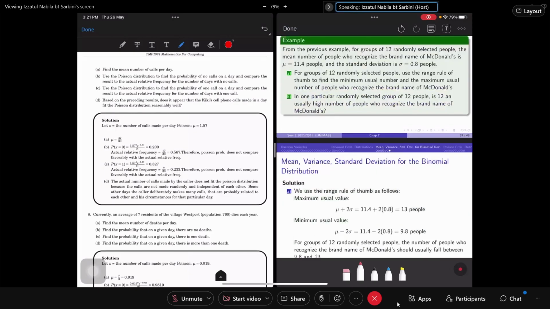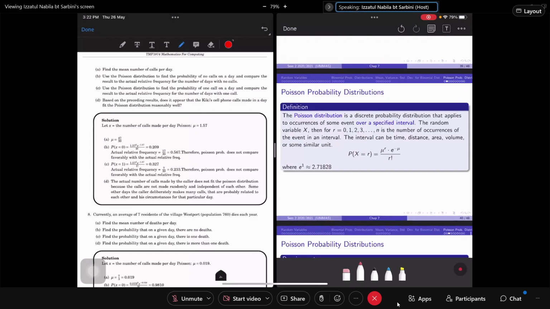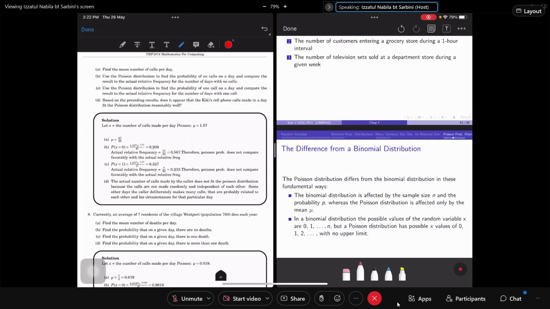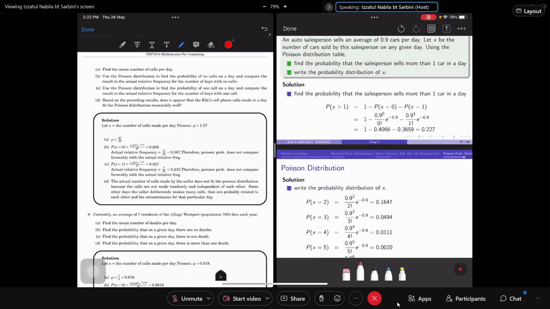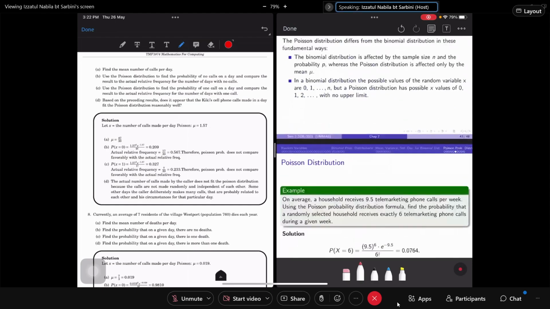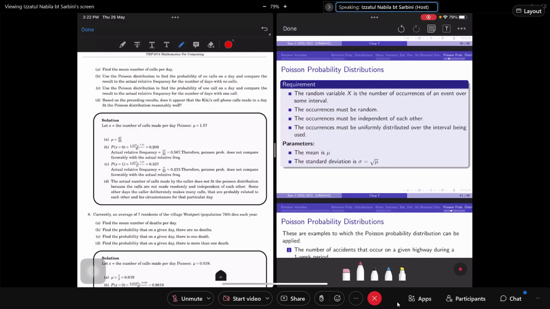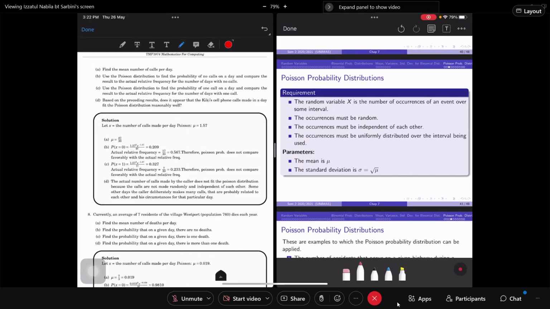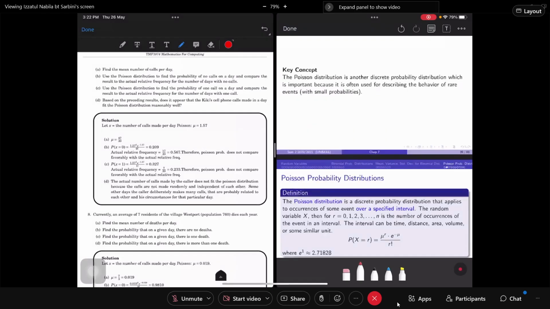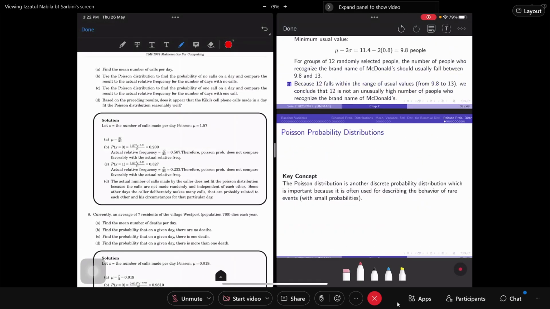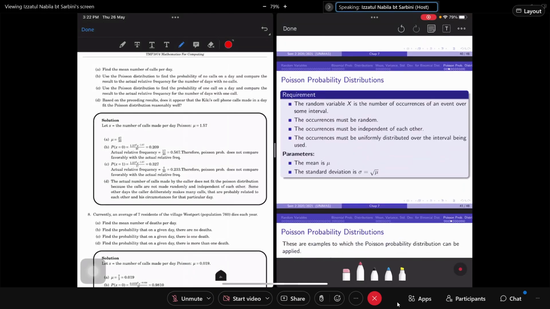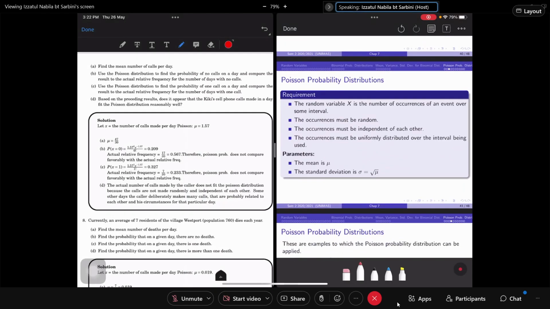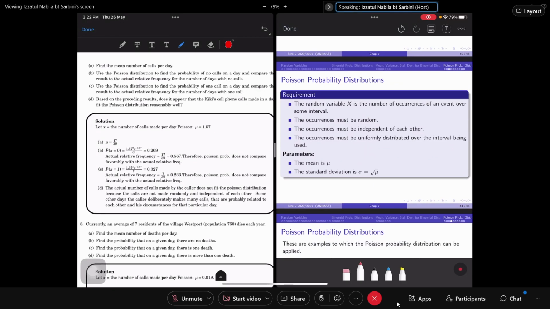This one we use Poisson probability distributions. So you look at the formula for the Poisson. The mean for Poisson distributions is the number of calls divided by the total number of trials.